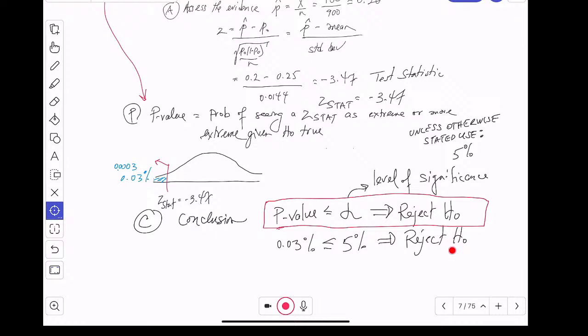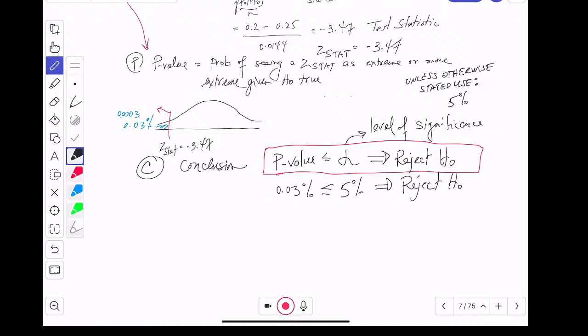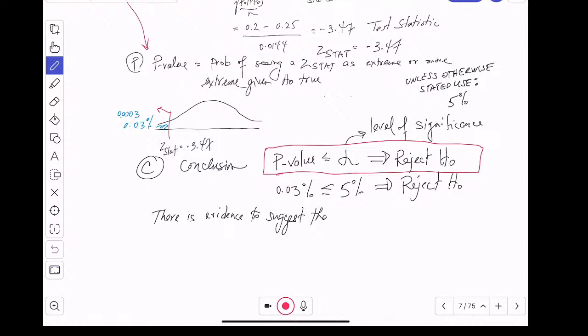We reject the assumption or the status quo, and instead conclude that, in words, there is evidence to suggest that the percentage is less than 25%.